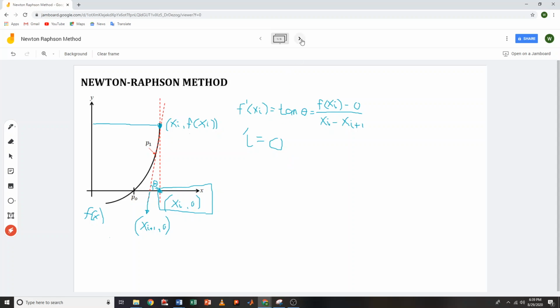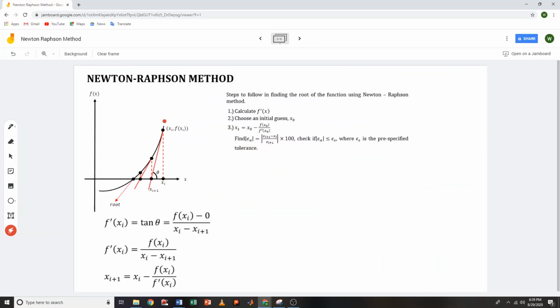So let us continue. This is the graph for illustrating the Newton-Raphson method. For example, if this is the tangent line, we have this equation, which we already got from the previous slide.